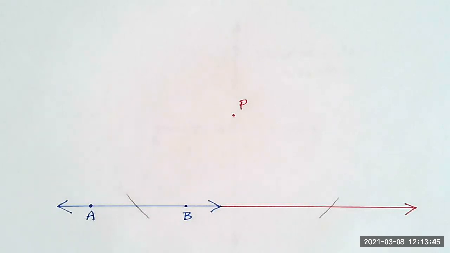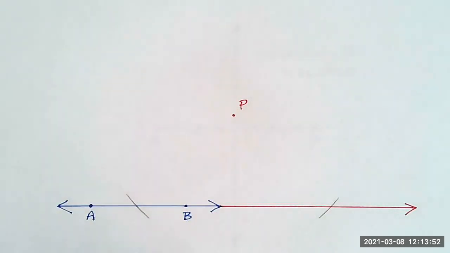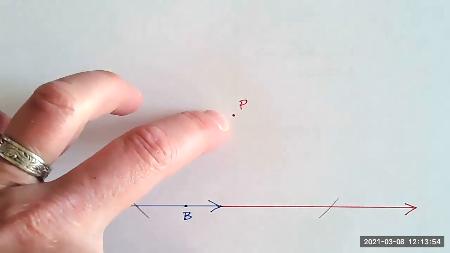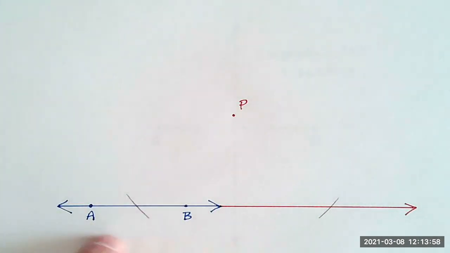Now I need another reference point on the other side of this line so that I can find P and another point, those two points defining a line or segment that's going to be perpendicular to line AB.